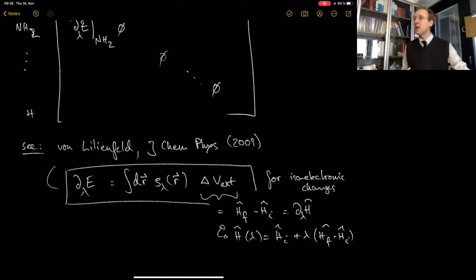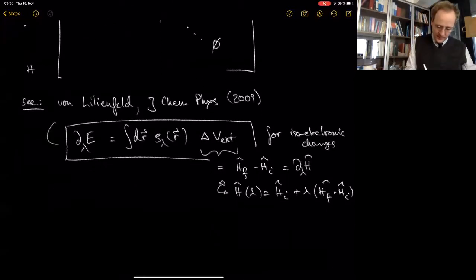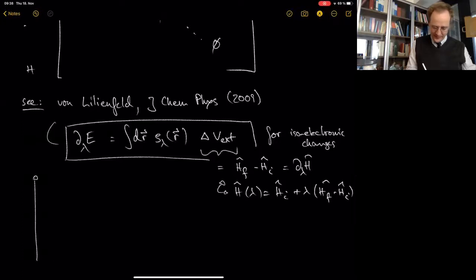Now, this expression represents the derivative of any such interpolation, right? And in that paper, in particular, I looked at HOMO eigenvalues.